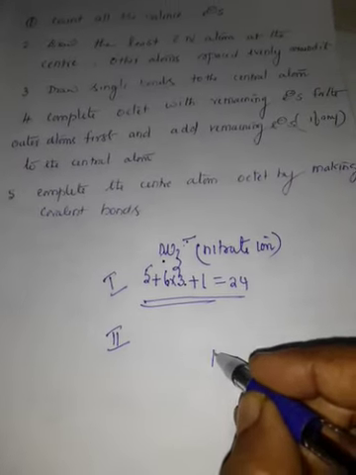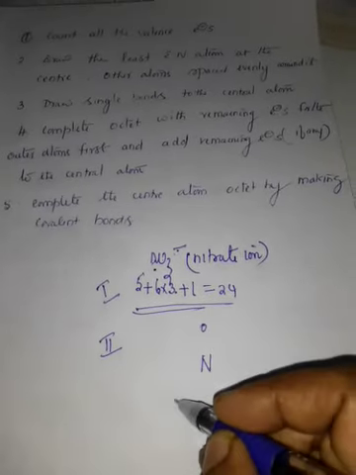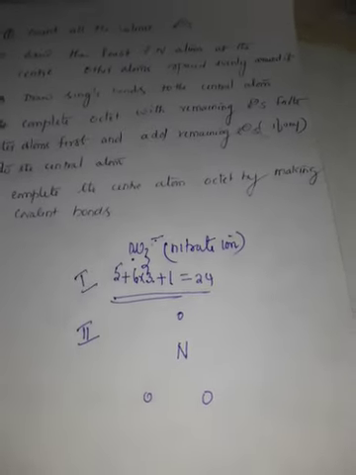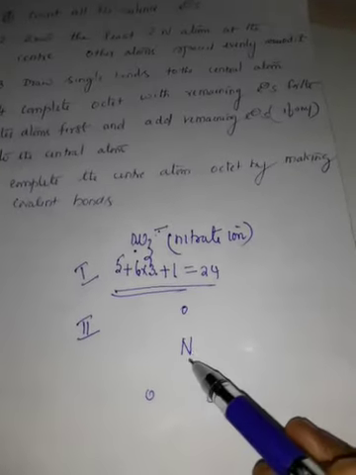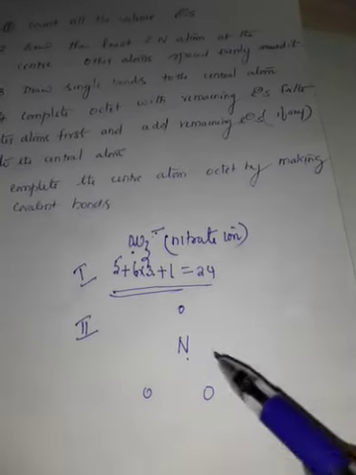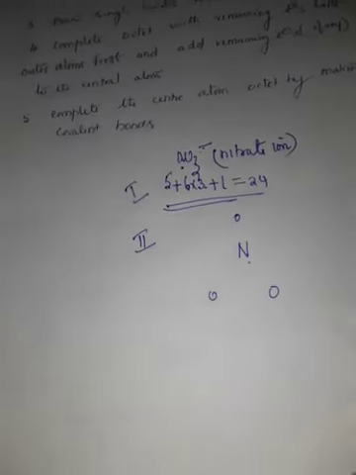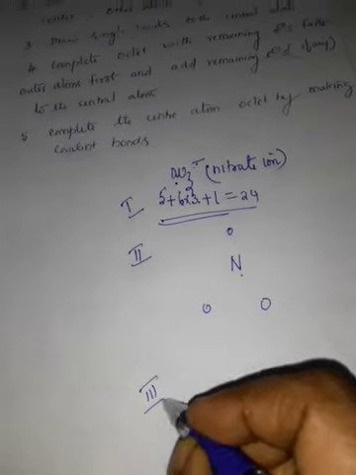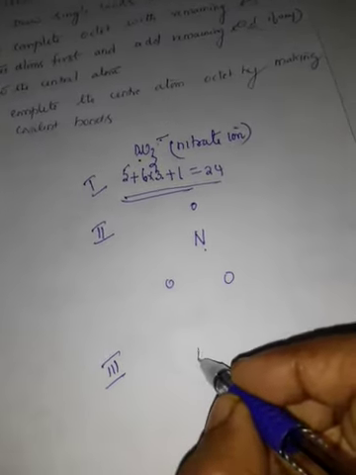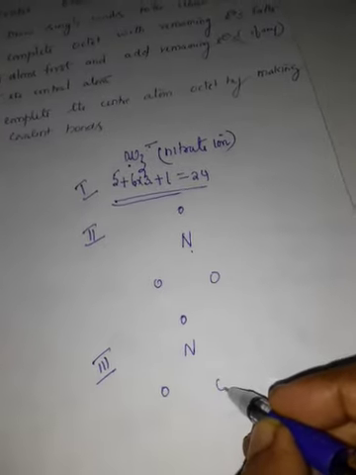It is placed in the middle, that is the center, and the other atoms are spaced evenly around it. Second point over. Third point, draw single bonds to the central atom. So nitrogen in the center, then 3 oxygen atoms evenly spaced.